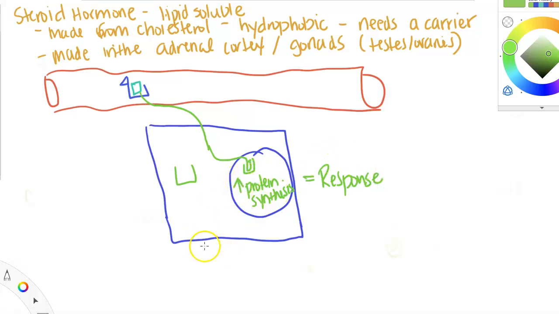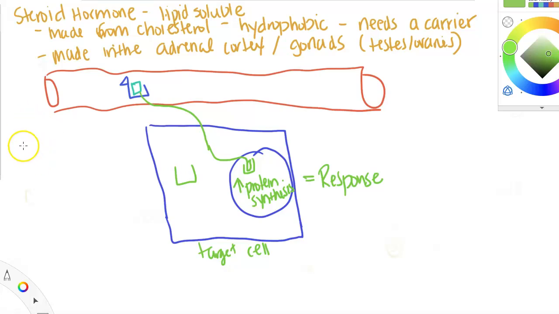So the target cell, this is the target cell, is going to be stimulated to start protein synthesis. So it's going to basically go through all the processes that go with making a protein.